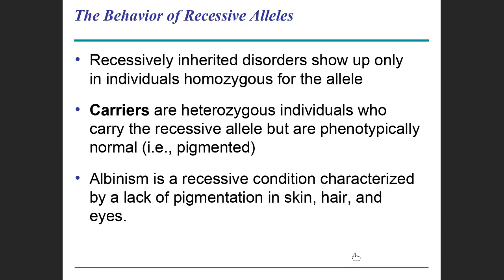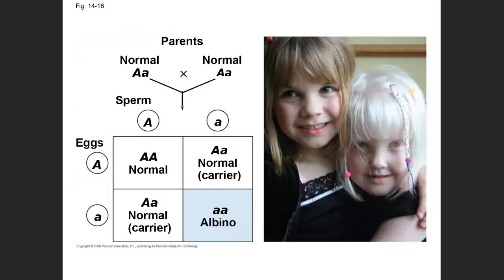Albinism is a recessive condition, so you have to have 2 recessive alleles to be an albino. 1 good allele, 1 bad allele, and you have relatively normal pigment, so no one would notice anything unusual about you. Here we're just using A's to indicate the gene. The big A is the normal allele, and the little a is the recessive allele. If you have 2 heterozygous parents, they have normal pigment.